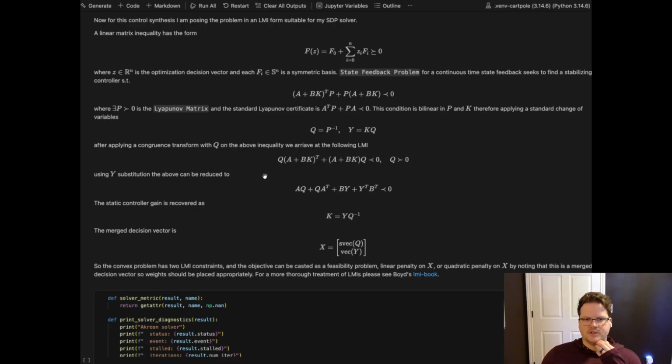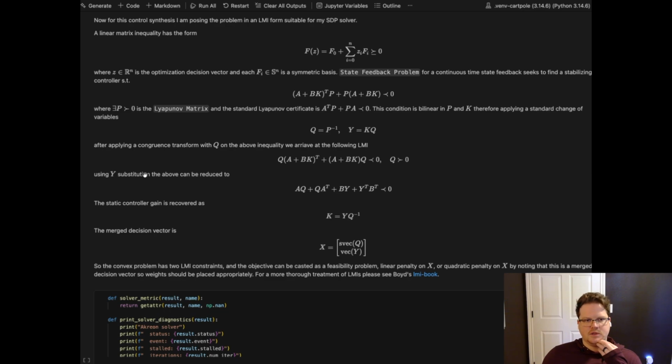The congruence transform is essentially preserving the geometry of the space, different than the similarity transform, which would be invariant with the eigenvalues or the eigenspace. And so the Q here must be positive definite, because it's a surrogate variable equal to P inverse.